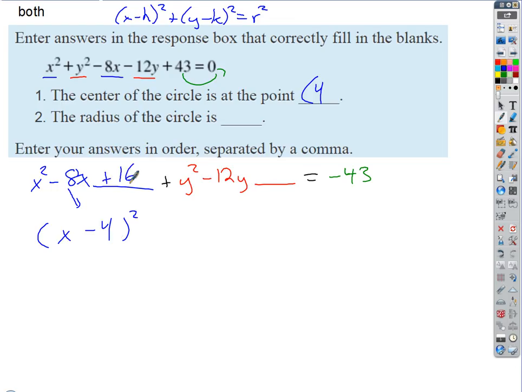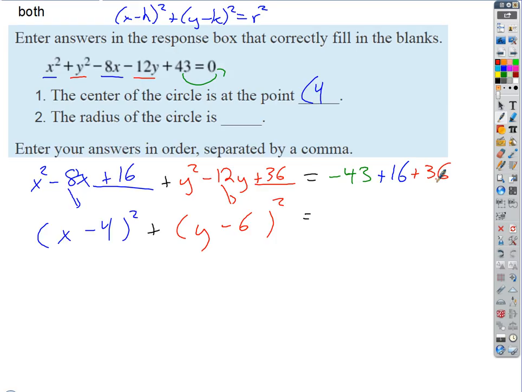I have to add 16, which is -4 squared, to both sides. If I complete the square for the y's, half of -12 is -6, and -6 squared is +36. So I add 36 to both sides.